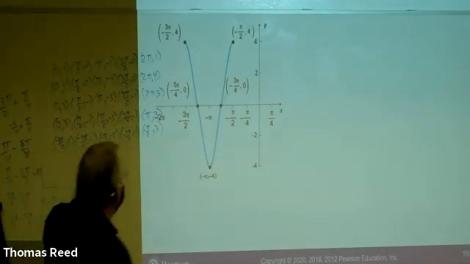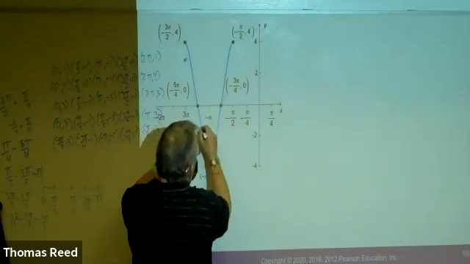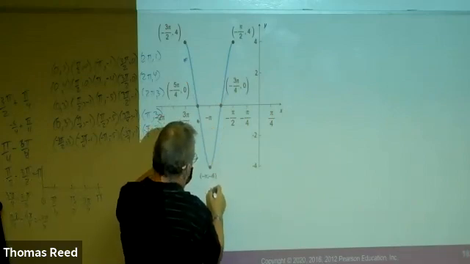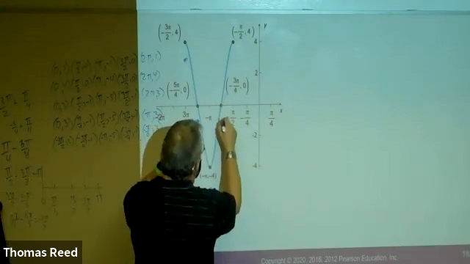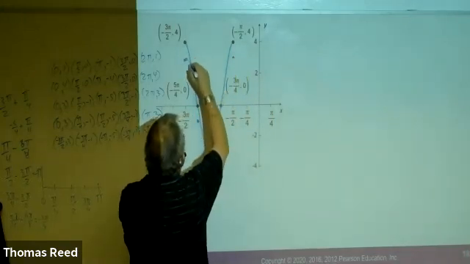So instead of being up there, it's here. That's going to be here. And that's going to be here. And this is going to be here. So it goes like this.